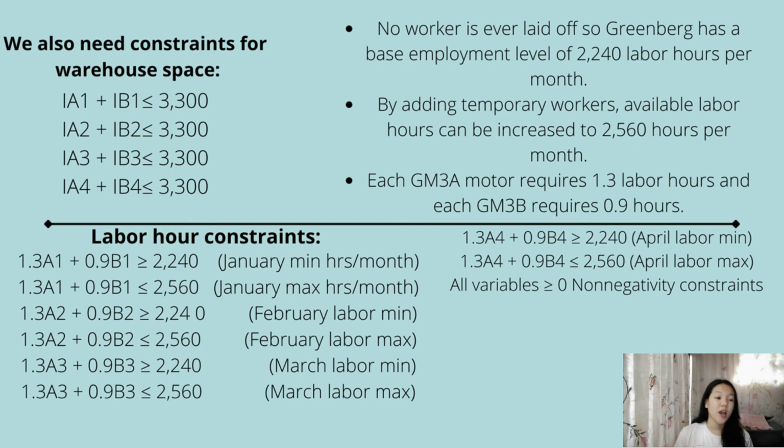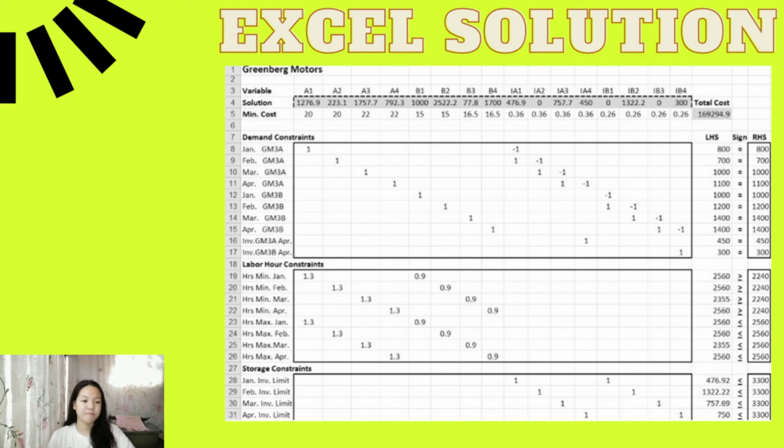Each GM3A, the first model, requires 1.3 labor hours, and each GM3B, the second model, requires 0.9 hours. So here are its constraints written below. It's somewhat complex because there are many constraints to find.